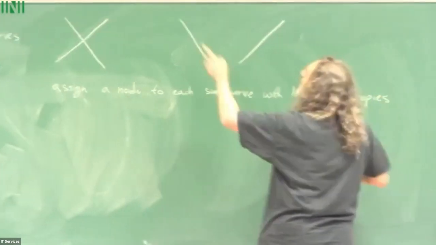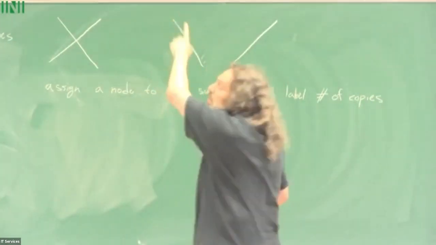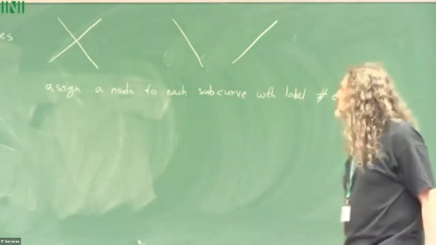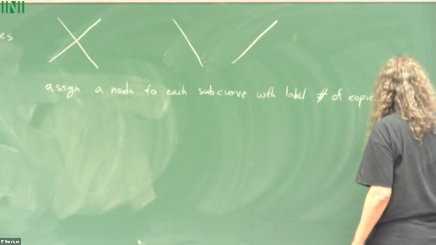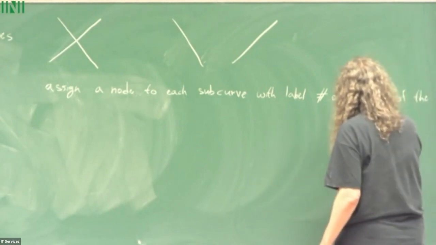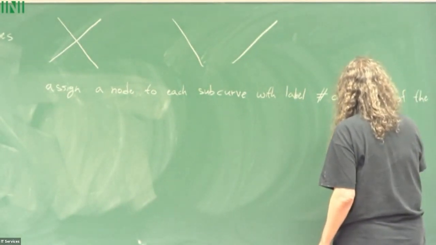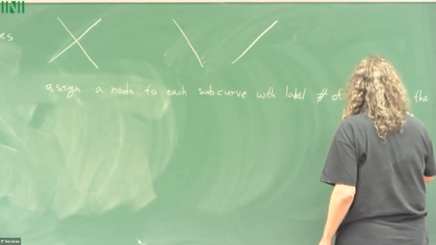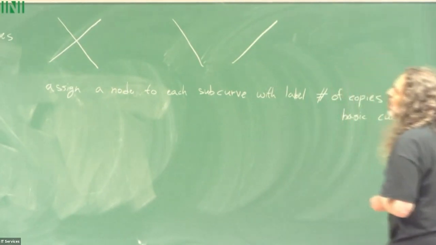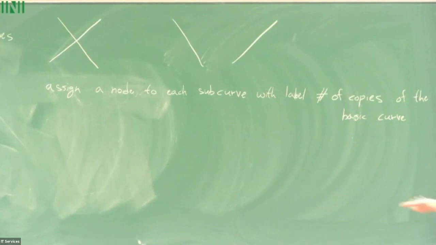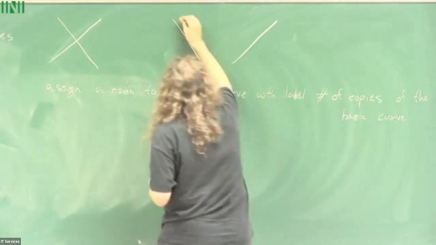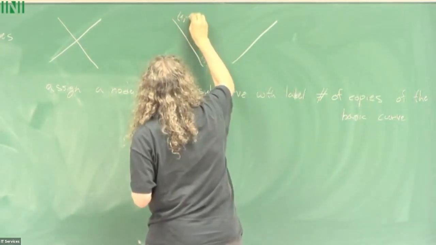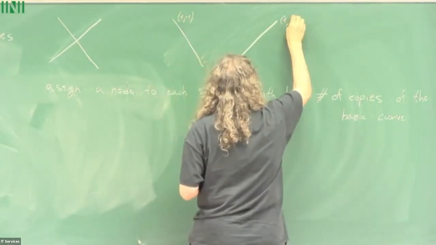So it's that number K that we had over there, the GCD, right? The basic curve. So here I have one copy of the 1, minus 1 curve and one copy of the 1, 1 curve.